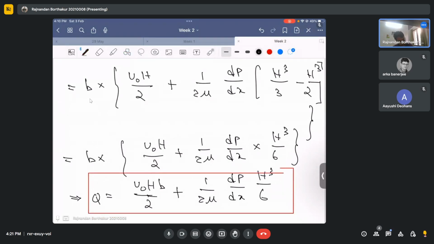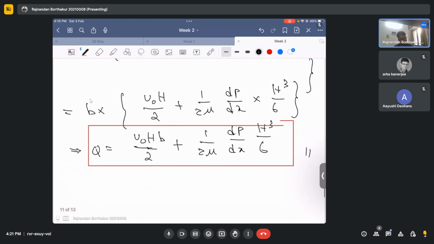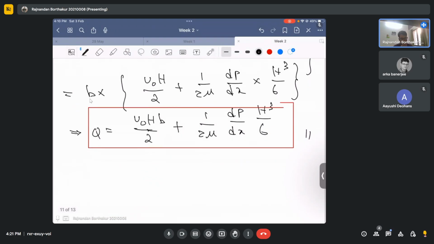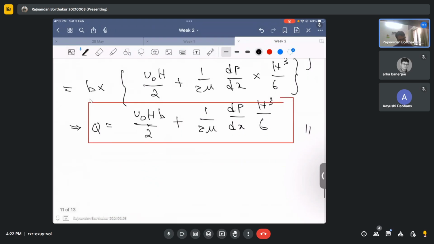All right. So this is the answer that we got for the volume flow rate, and this is the final answer that we are looking for. So we just need to do this integration, and I hope this is clear to everybody.